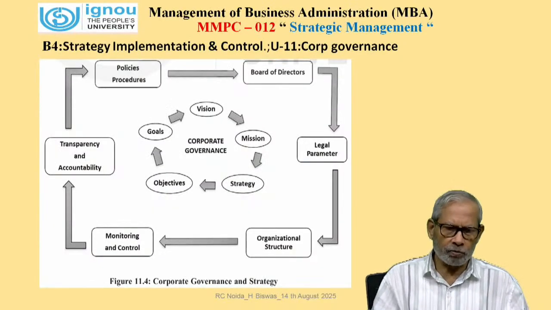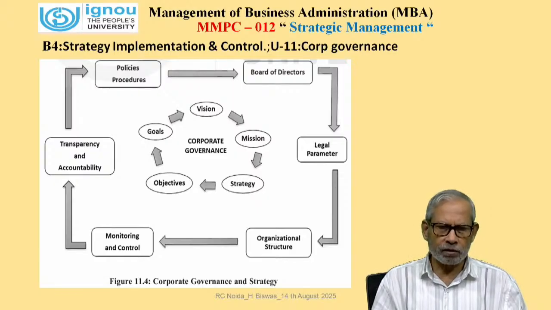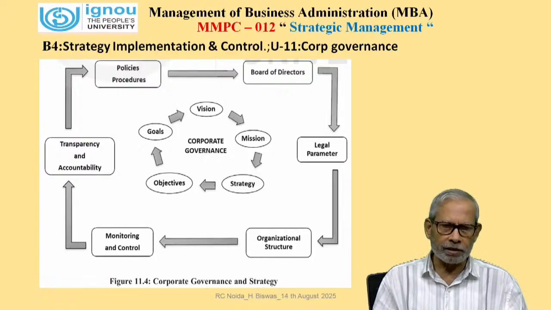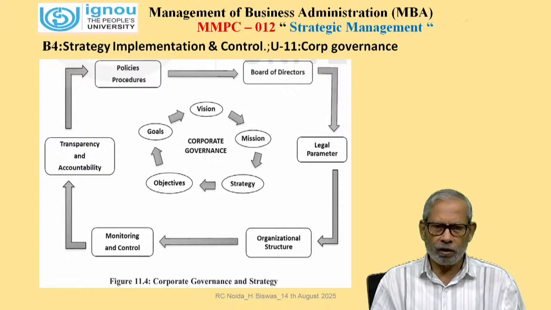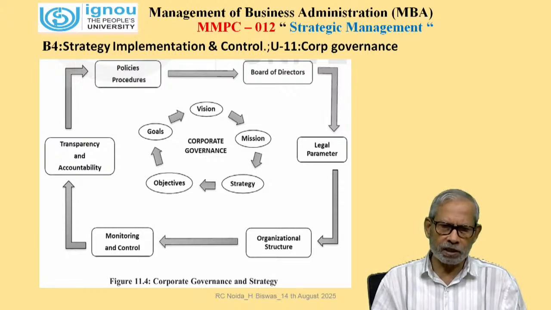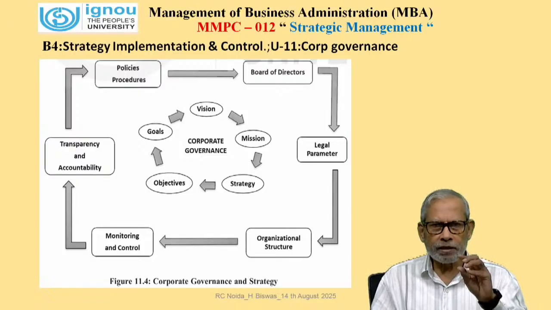Now, that is some of the corporate governance, and how this is related to strategy, that relationship we have to see. It is because of the part of the implementation and the control, that is very much required. Corporate governance is in the inside, the core area.